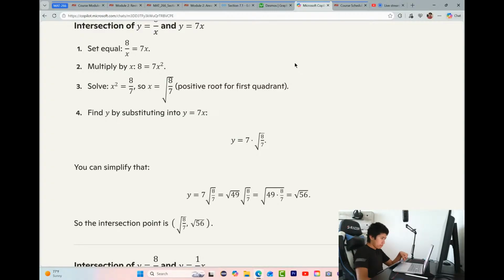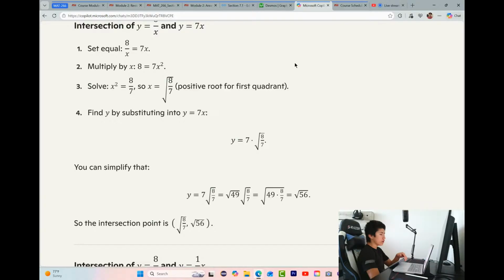You substitute, and you get y equals 7 times square root of 8 over 7, not x. You can simplify that.